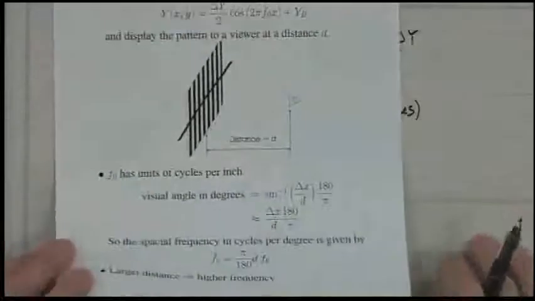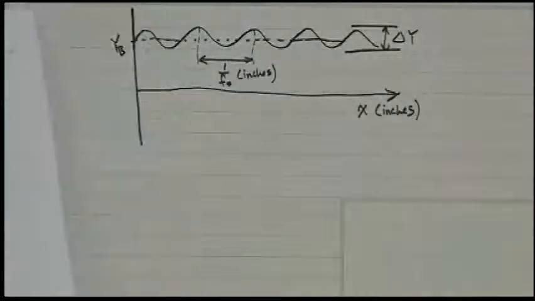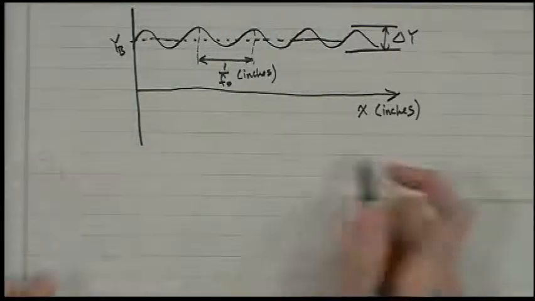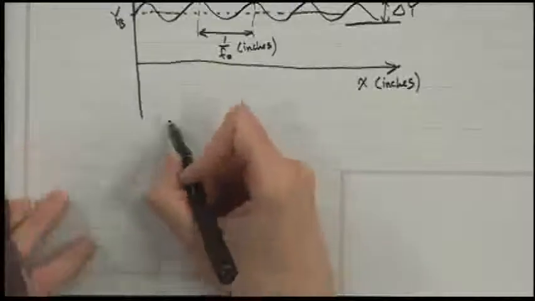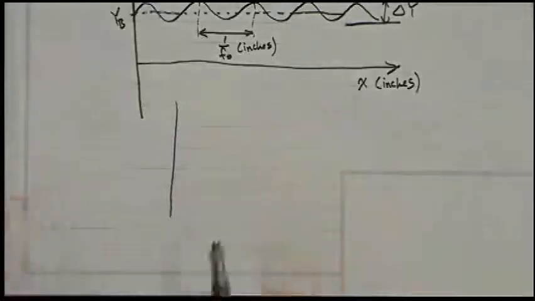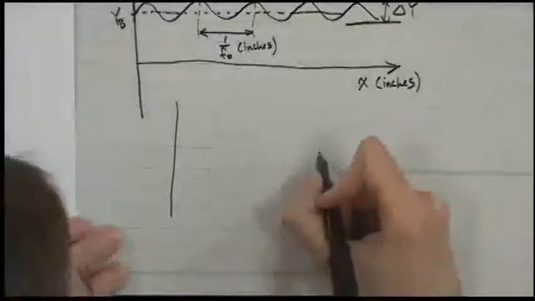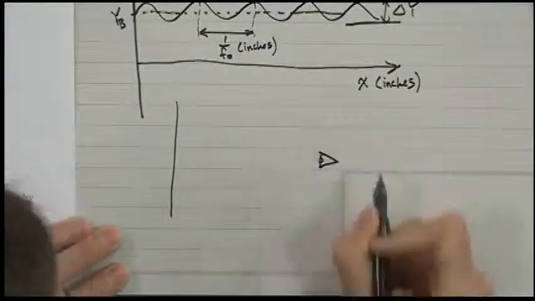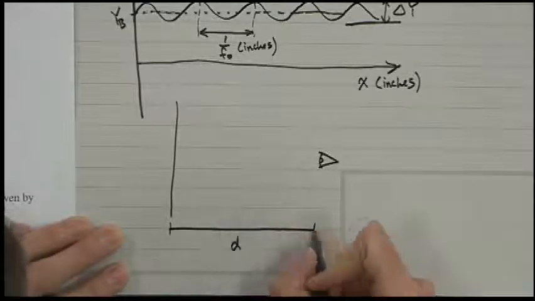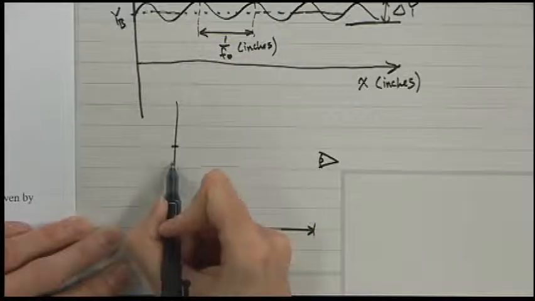I can do a quick derivation here. I'll redraw that a little bit. Let's say we have this board that has this pattern, and there's the eye, a distance of d units away, and we have some small distance here.